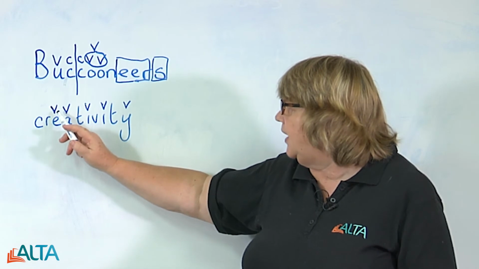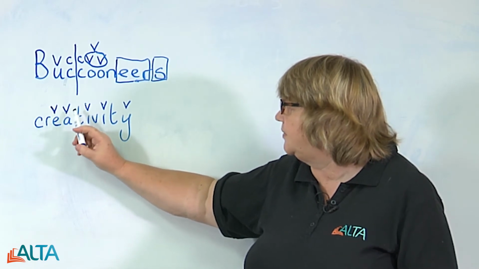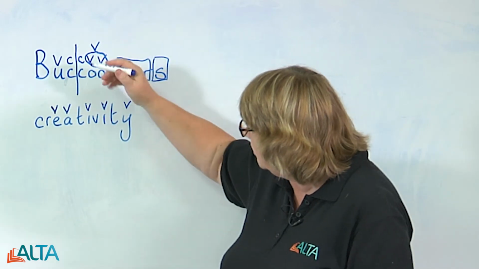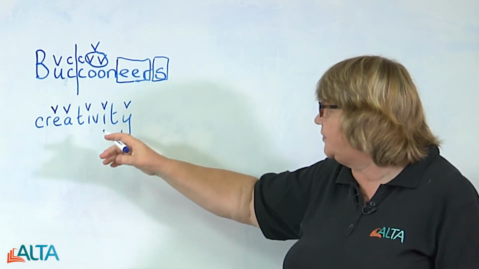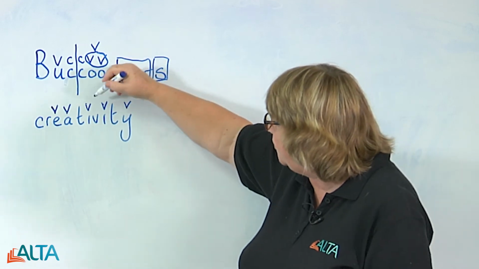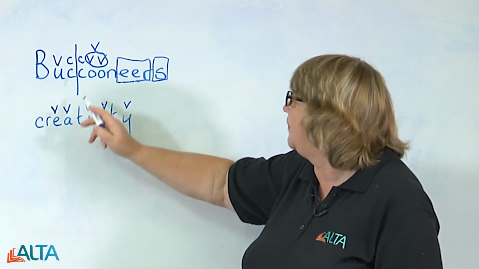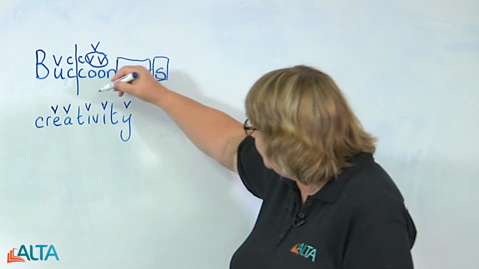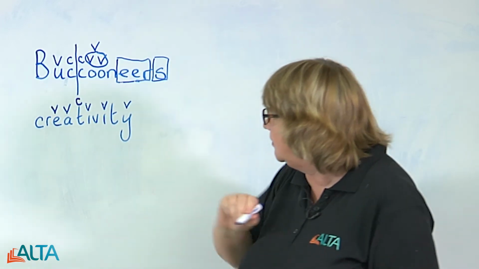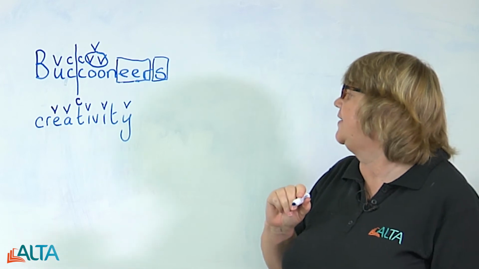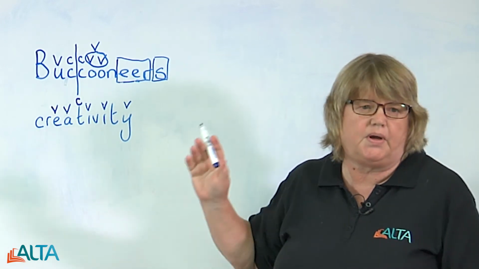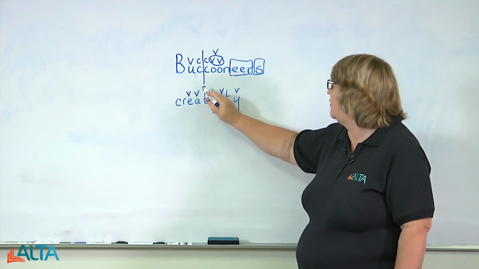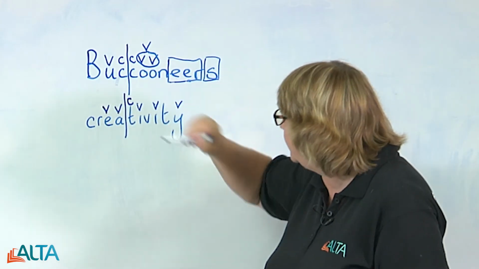First step is we're looking at the first two vowels, okay? We're not sure if it's one vowel sound or two vowel sounds. So let's move on to the next pair of vowels. Let's put a C over the T. What rule do you see? The VCV rule, which says when one consonant comes between two vowels, divide before the consonant.